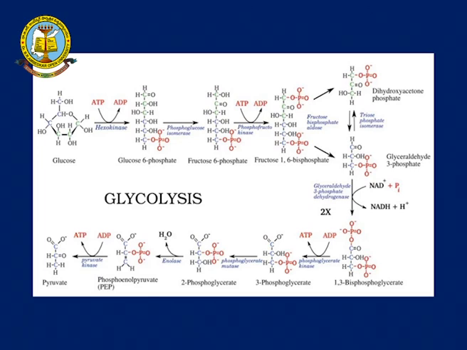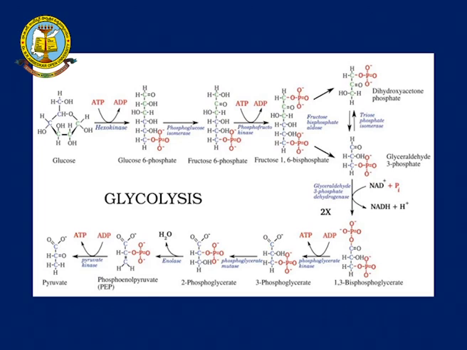Now, another enzyme, phosphoglycerate mutase, moves the phosphate group to the 2 position, giving 2 phosphoglycerate. Then a water molecule is removed, and it is converted to the PEP molecule, phosphoenolpyruvate. This is also a 3 carbon molecule.